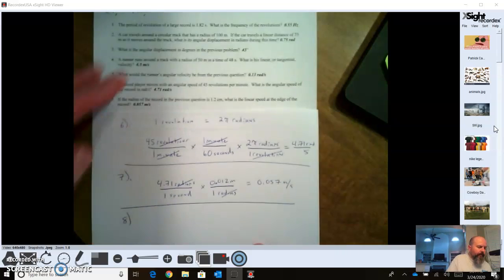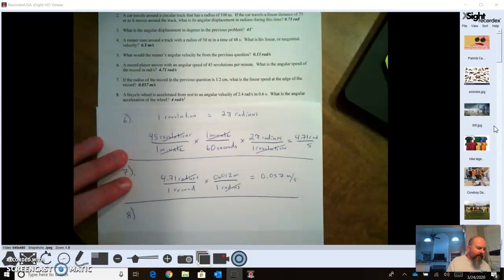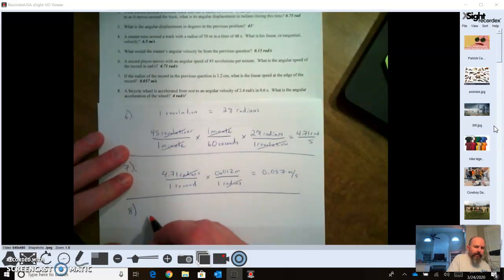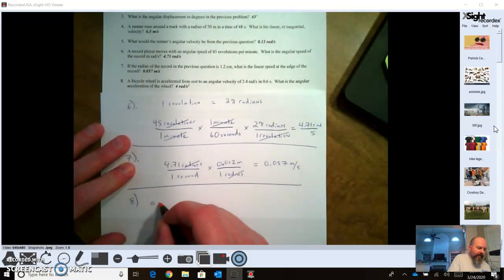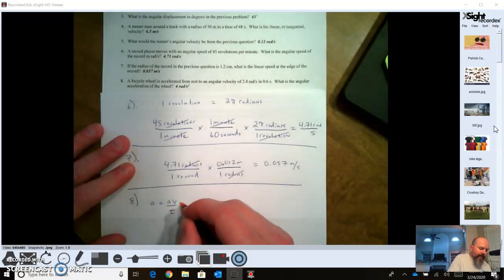Number 8. Number 8 says, a bicycle wheel is accelerated from rest to an angular velocity of 2.4 radians per second in 0.6 seconds. What is the angular acceleration of the wheel? Well, if we were dealing with linear acceleration, it is equal to delta v divided by t, change in velocity over time. Delta v is final velocity minus initial velocity.